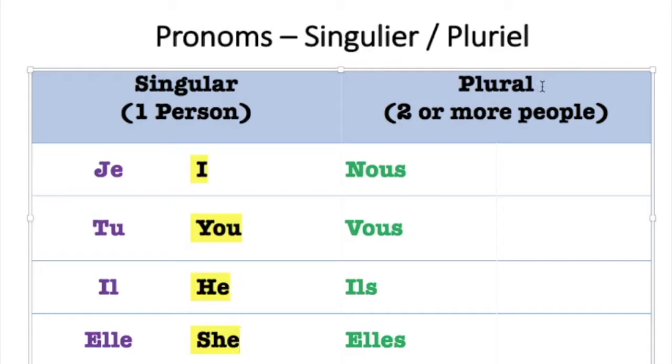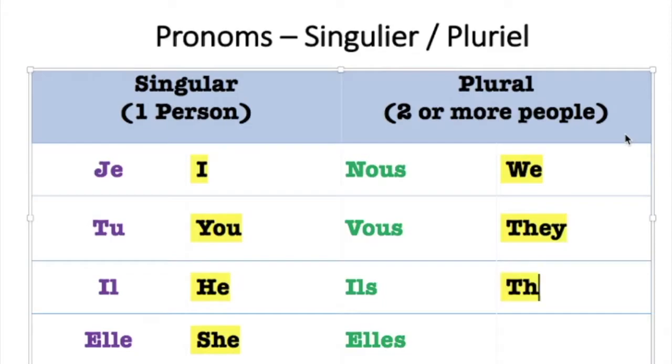Now, on the other side, this is when we're talking about two or more people. Nous would translate to the pronoun we, me and you, or me and him, or me and her. So you're describing two or more people. Vous would translate to the pronoun you when you're talking about a group of two or more people.